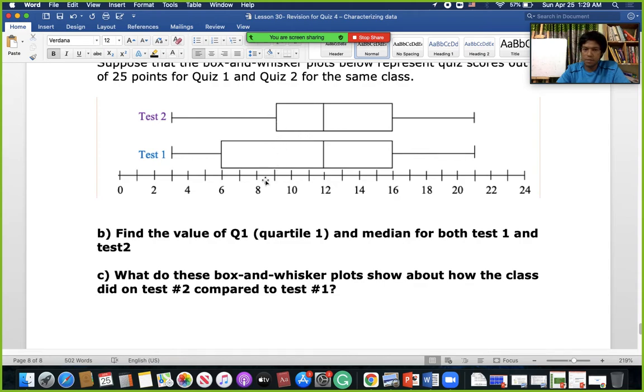So you can just count it, then it should be fine. Then compare which test is better, and definitely test 2 is better. We can see most of the scores are after 9 here. So most of the students are scoring a little bit better in test 2. So this way we can differentiate and compare.